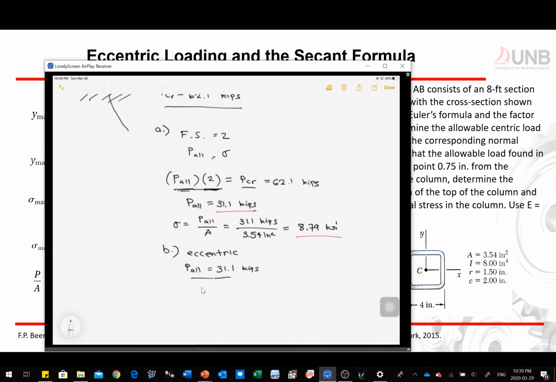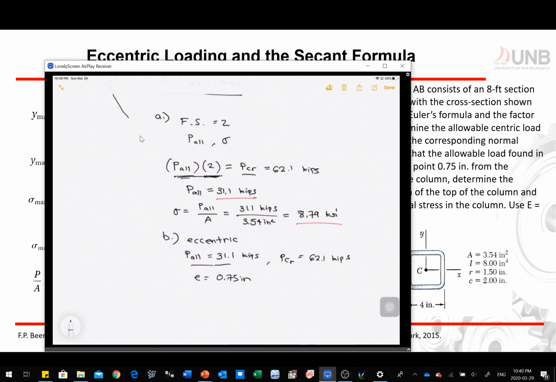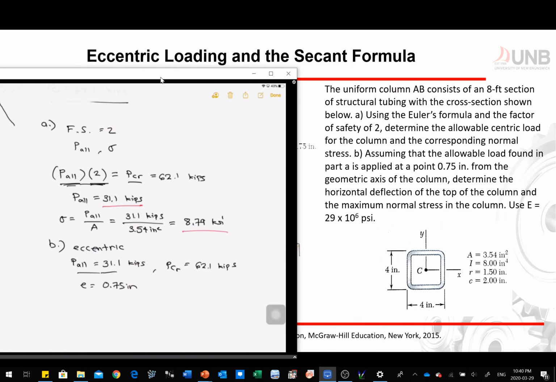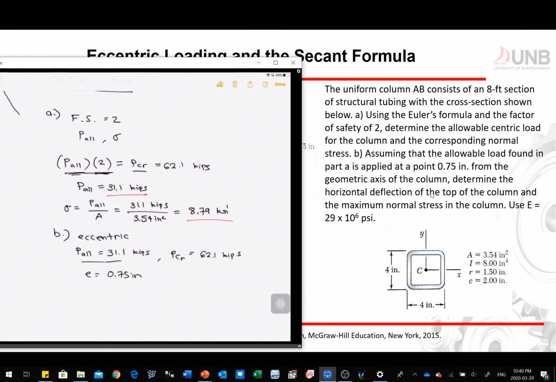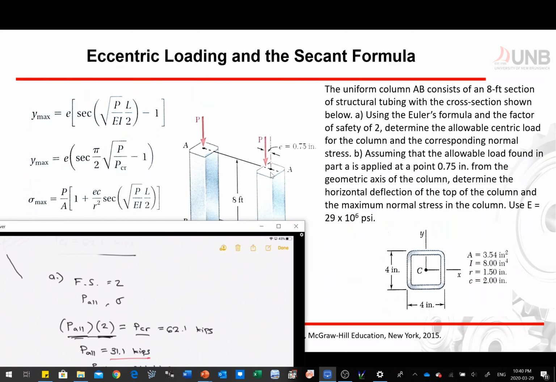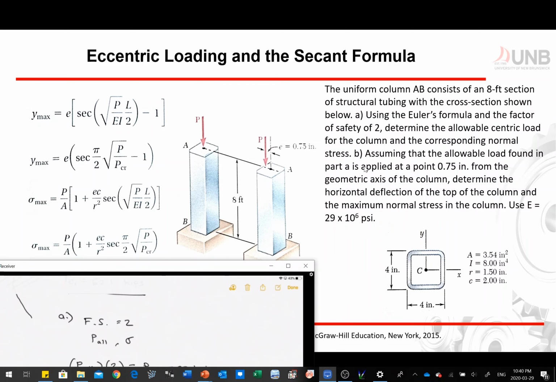So now we have P allowable, which is 31.1 kips. We have our PCR, which is equal to 62.1 kips. And then we have our E, which is 0.75 inch. And the question in B is: determine the horizontal deflection of the top of the column, which means the deflection of this A caused by this P, and the maximum normal stress in the column.